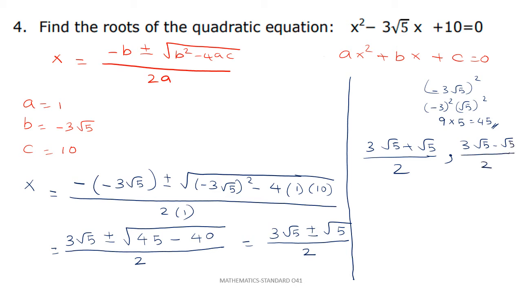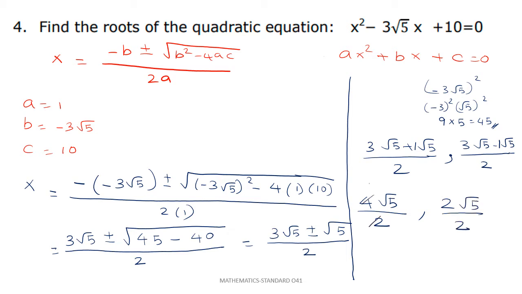And in this step also many children will make mistakes. They will leave this step. No. You should know how to deal with the root numbers. What we have here, 3 root 5 plus 1 root 5. So what is 3 root 5 plus 1 root 5? 3 plus 1 is 4. 4 root 5 by 2. And 3 root 5 minus 1 root 5 is 2 root 5. 2 root 5 by 2.